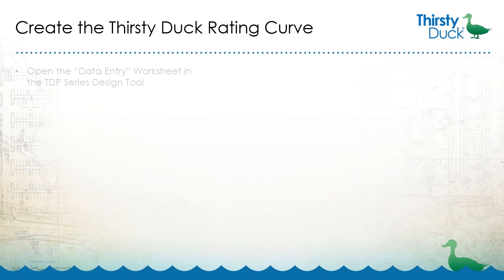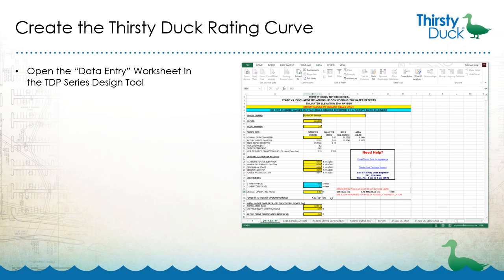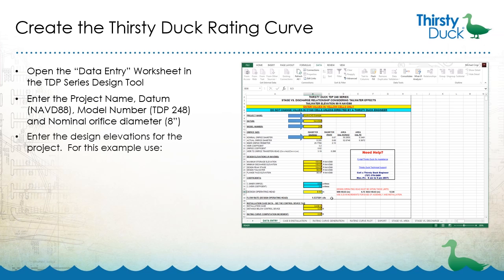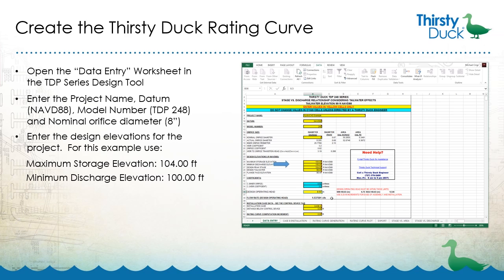Open the data entry worksheet in the TDP series design tool and enter the project name, datum, model number and nominal orifice diameter chosen from the orifice diameter selection chart. Next, input the system design elevations. For this example, the maximum storage elevation is 104.00 and the minimum discharge elevation is 100.00.